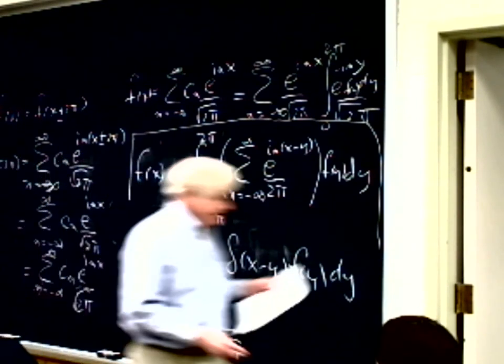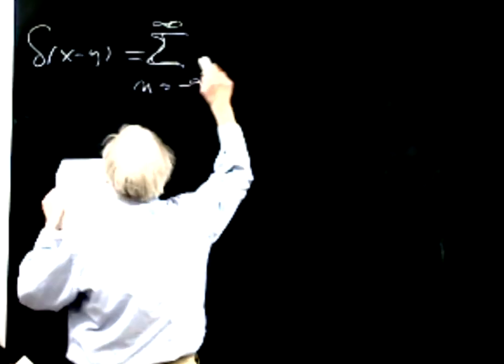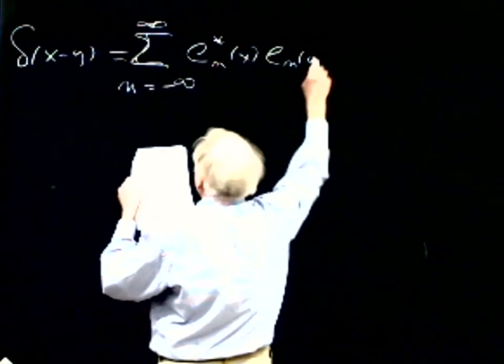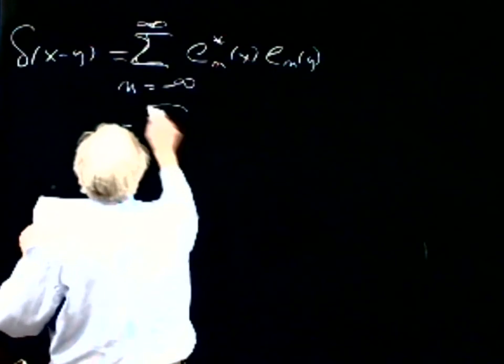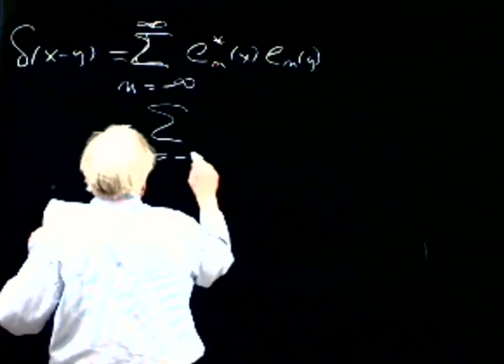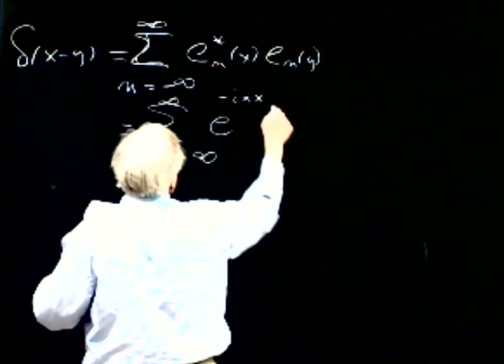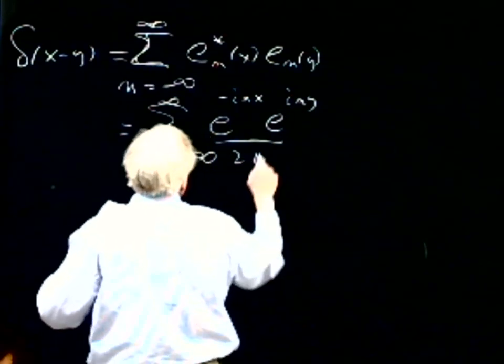Another way of writing that is saying the delta of x minus y is equal to a sum n equals minus infinity to plus infinity e n star of x e n of y, which of course is the same thing. In other words, the sum n equals minus infinity to infinity e to the minus i n x e to the i n y over 2 pi.